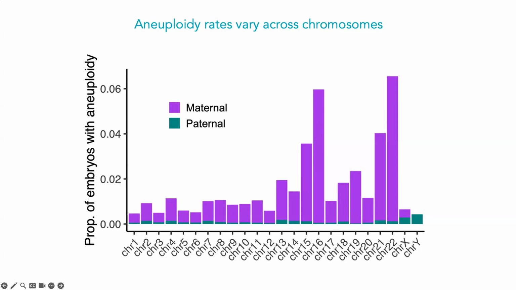And so again, while it's true that there's been substantial selection prior to the blastocyst stage, we don't think these chromosome-specific enrichments are driven by selection, because we see those same patterns even at earlier stages of development, even in cleavage stage embryos or even in oocytes. So we think it has something to do with the actual structure of these chromosomes or some other aspect of these chromosomes that's making them susceptible to gain and loss in the maternal germline.